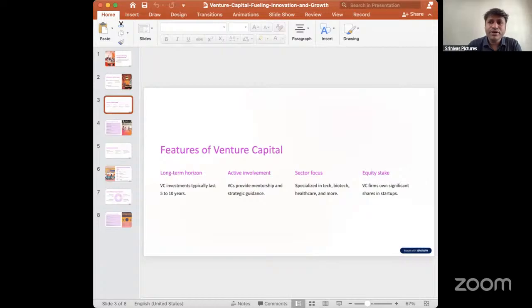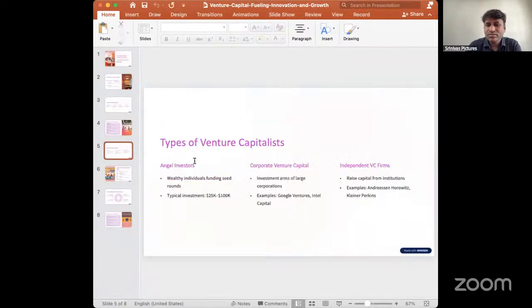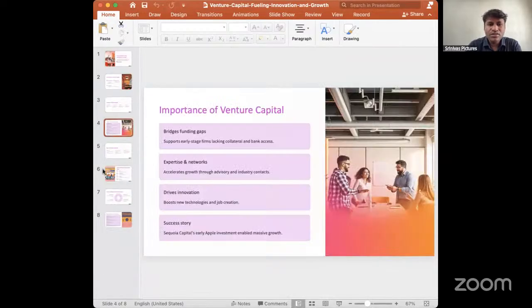What is the importance of venture capital? Generally, venture capital helps to promote entrepreneurship, first of all. This is a very important point. Second is promote the product. Next is encourage the customers.